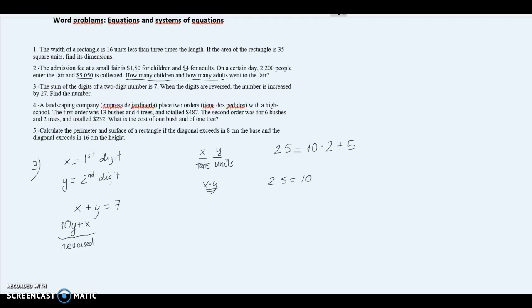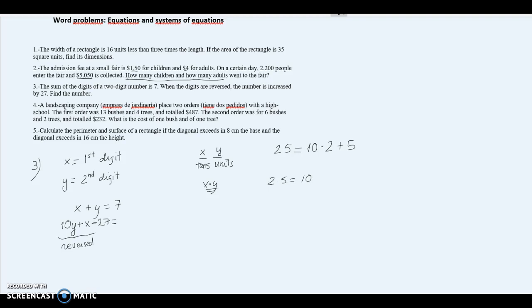So if the number is increased by 27, we must subtract 27 to compensate, to equalize the equation, because this is 27 units bigger.